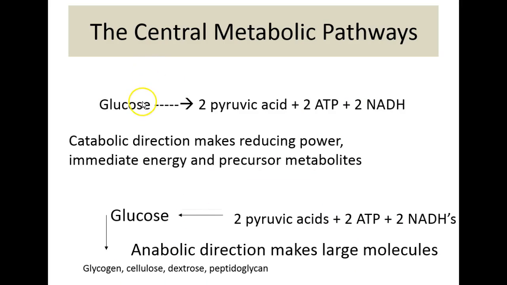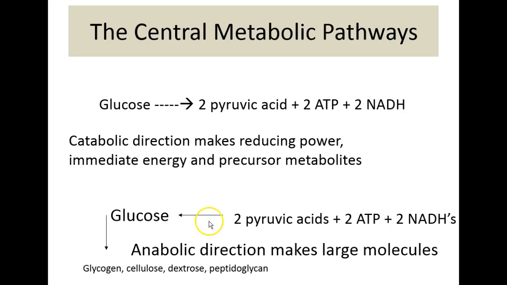For example, glycolysis involves taking a molecule of glucose and breaking it down to 2 pyruvic acid molecules, 2 ATP molecules, and harvesting hydrogens to give to 2 NADHs or electron carriers. Thus, in the catabolic direction, glycolysis makes reducing power molecules, immediate energy molecules, and precursor metabolites.